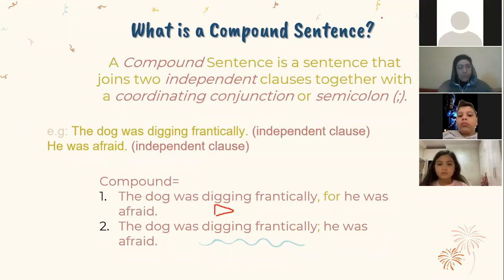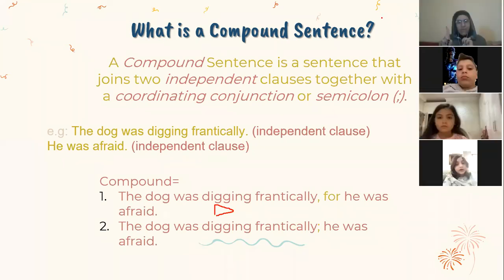Okay, so we said that one simple sentence equals one independent clause. So when I say I have one independent clause that includes one subject, one predicate, and one idea, it's the same as the simple sentence.